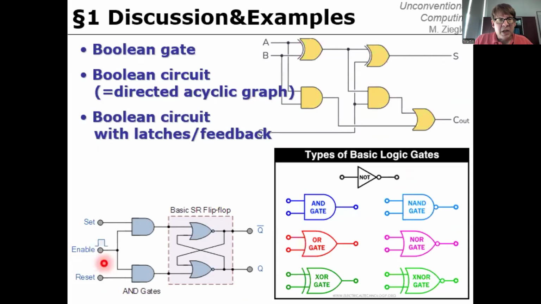And when the enable signal is triggered, then this 1 bit storage will change its stored value either to 1 if the set signal is on, or to 0 if the reset signal is on. When the enable signal is absent, then whatever happens with set or reset does not affect the state and the value of the bit stored in this 1-bit memory.